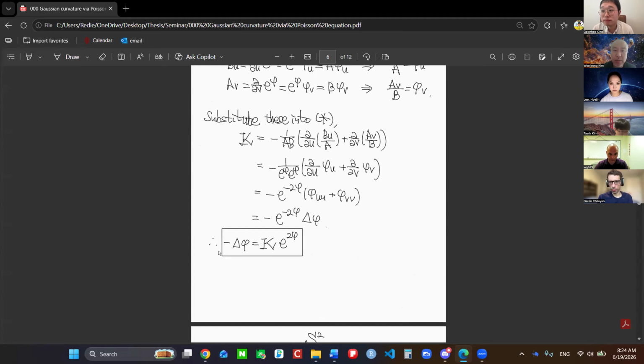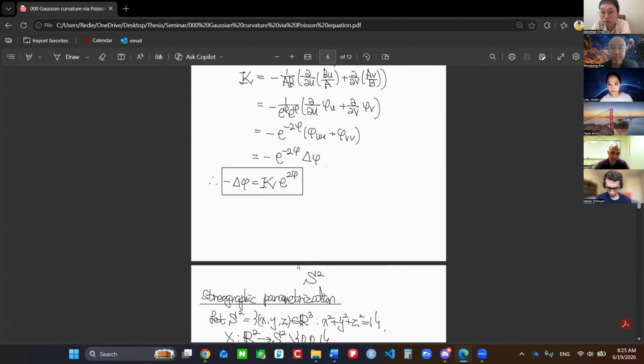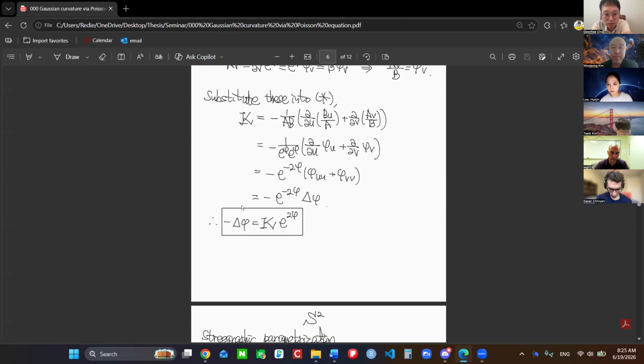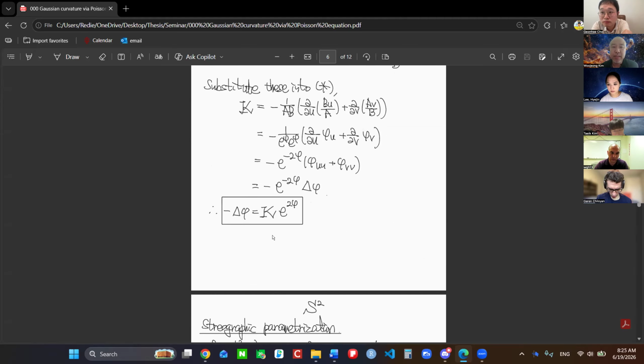Equivalently, negative Laplacian of phi is K, which is Gaussian curvature, times e to the 2 phi. So this is the Poisson equation. So we can find the Gaussian curvature via the Poisson equation.